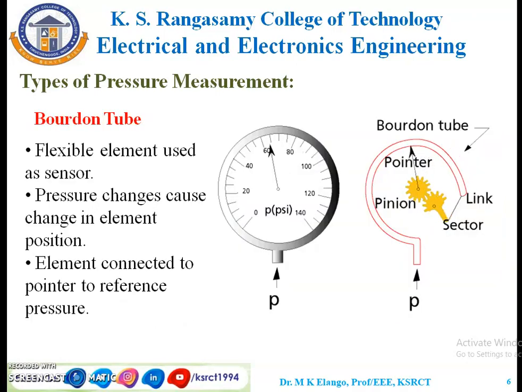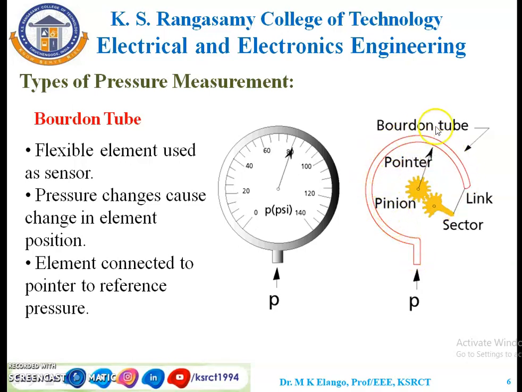For the second case of mechanical pressure measurement, the Bourdon tube, a flexible element is used as the sensor. Pressure changes cause a change in the element position. See from this slide, in the second diagram, if pressure is applied at this point, it will change the element position.